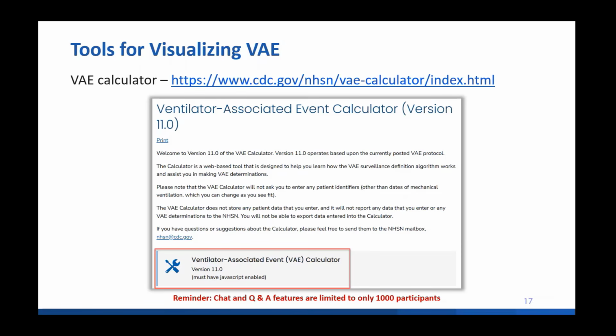The VAE calculator is designed to help users learn how the VAE surveillance algorithm works and assists in making VAE determinations. The calculator does not store any data that you enter because it is run locally on your computer, and it will not report any entered data or VAE determinations to NHSN. With that being said, experiment with it by putting in some test scenarios to see what happens.